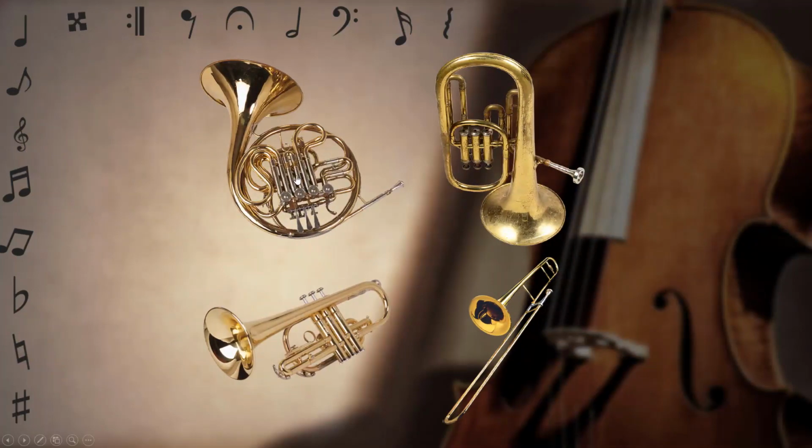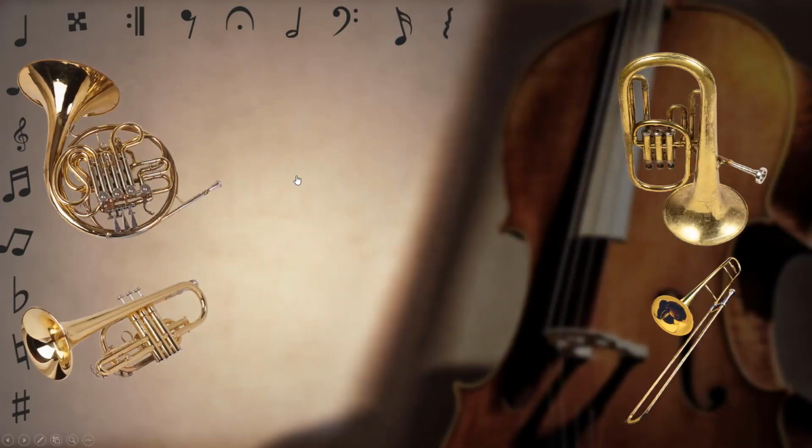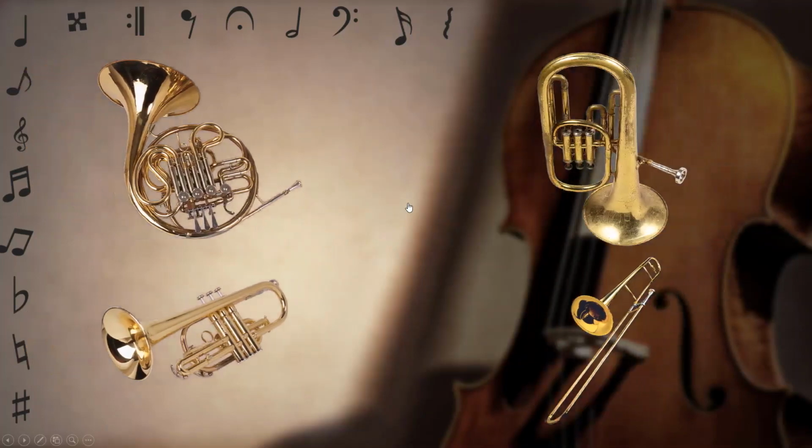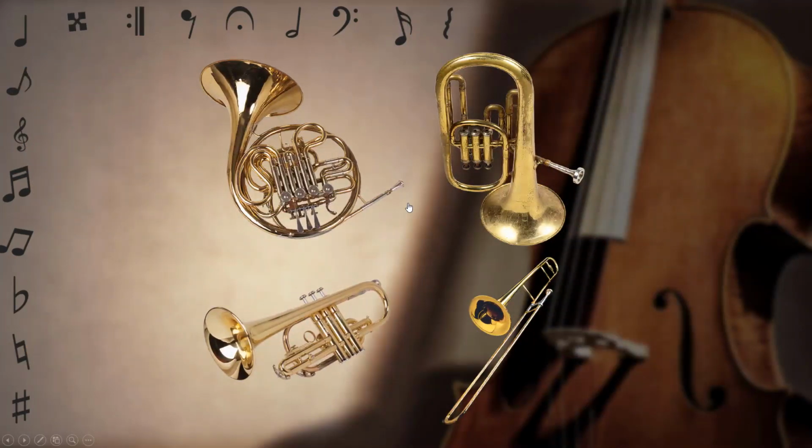We'll press on the French horn. Now if we click in the middle, the instruments will come back, the information will disappear, and now because the center mask itself disappeared, we can click on another instrument and have the same animation.